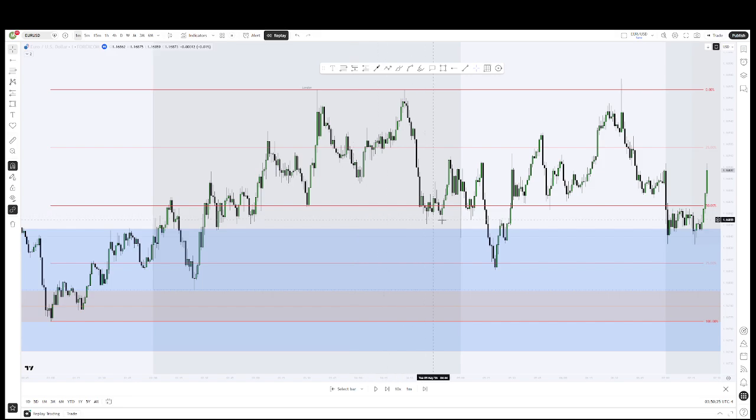So we can see in this area right here lots of sell side liquidity, right? All these lows waiting to get taken, and obviously all the lows right here, right? This phantom trend line I just mentioned.